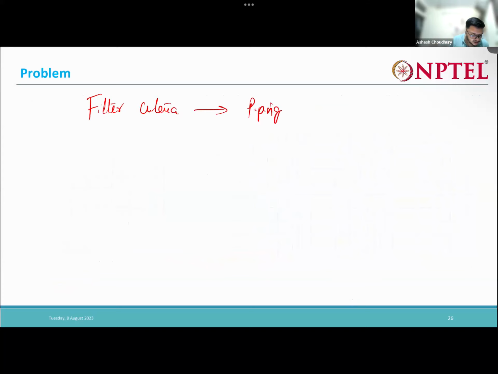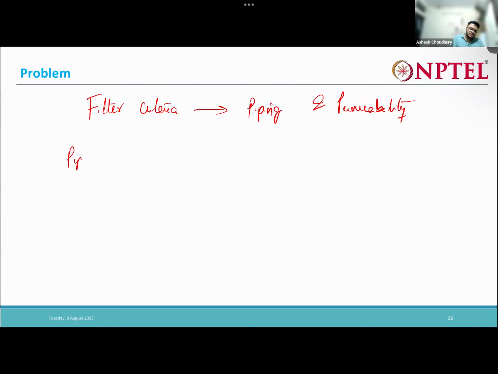So, two criteria: piping and permeability.